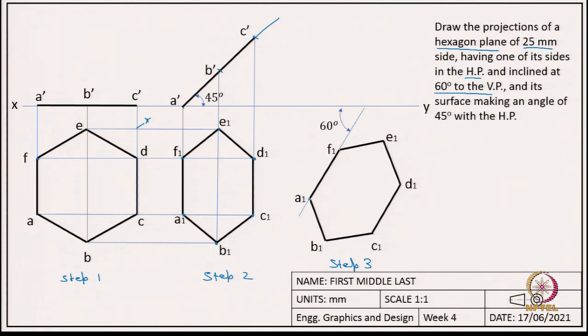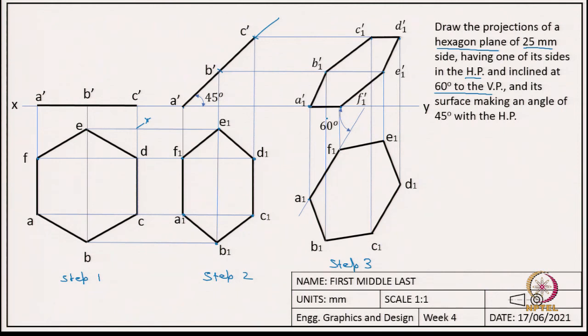If point A1 is here, we need a vertical projector which connects with the front view A from the previous step. Here are the projection lines and the intersections define the points we are looking for. Once we join these points, we get the front view after rotation.